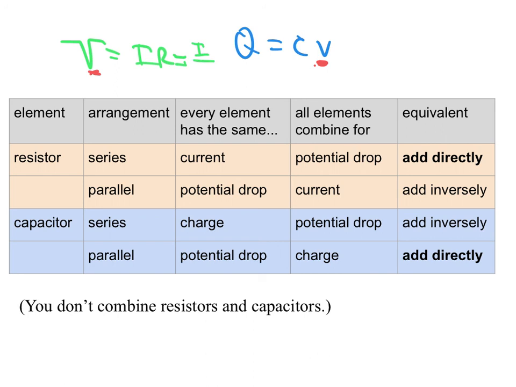For truly horrible historical reasons, conductance is usually symbolized by G. So that's sad, but then we would get that the current is G times V. And if we did that, then conductance and capacitance would add in the same senses.